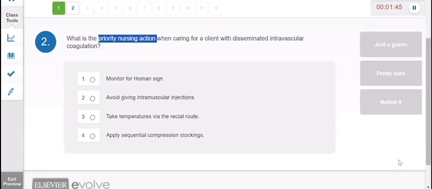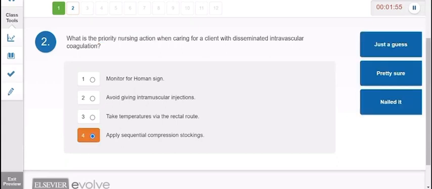Out of these four, I guess four. Apply sequential stockings. Okay, that's your final answer? Yeah. You don't sound too sure. I'm not. It's just a guess.